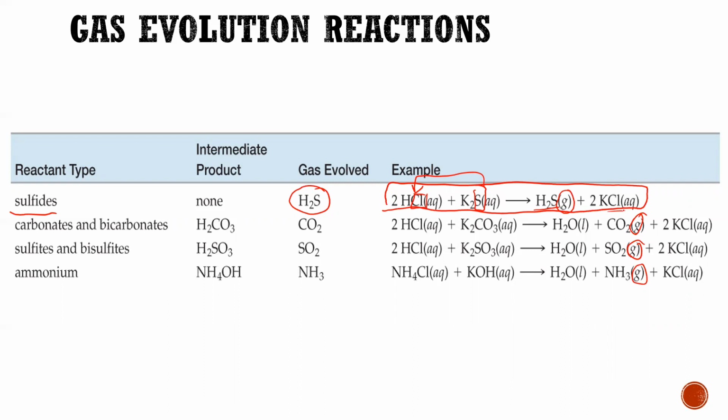With the other ones in this table, it's not as clear. It kind of looks like a double displacement, but there's not two compounds, so people get really confused. So I give this a weird little name. I call this basically a double displacement coupled with a decomposition.